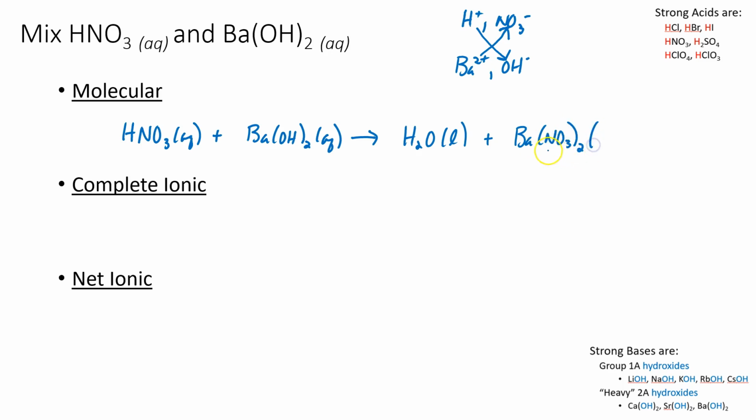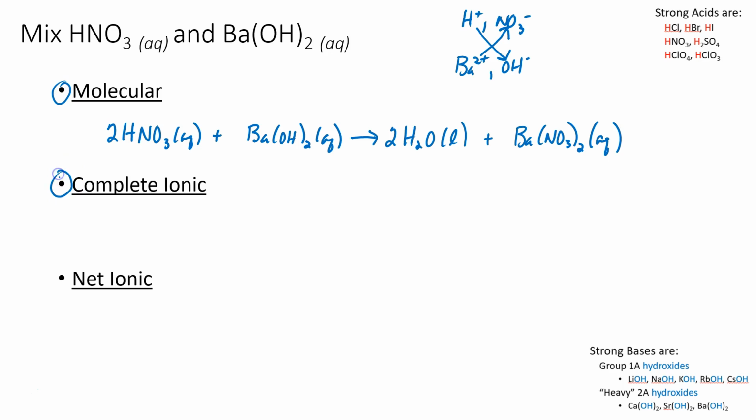And if you remember from solubility rules, all nitrates are soluble. And I think we need to balance this. I think I need a 2 here and a 2 in front of the water. Give me a minute to check this. Yes, I think that's balanced. That was the molecular.